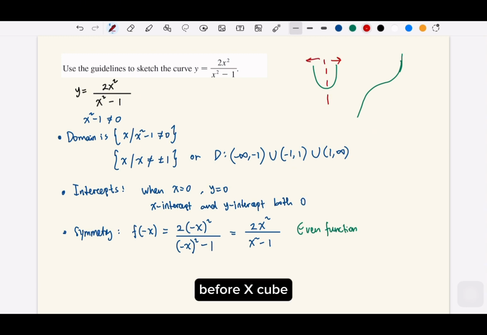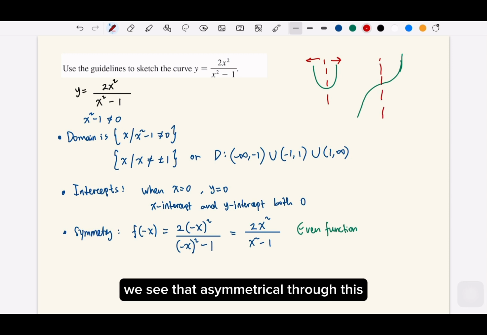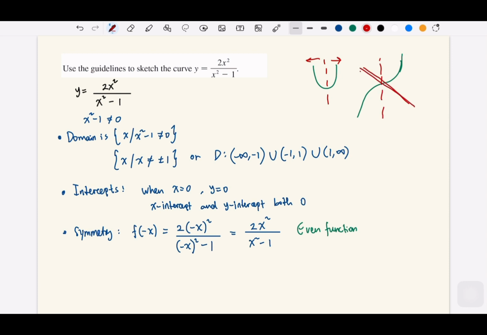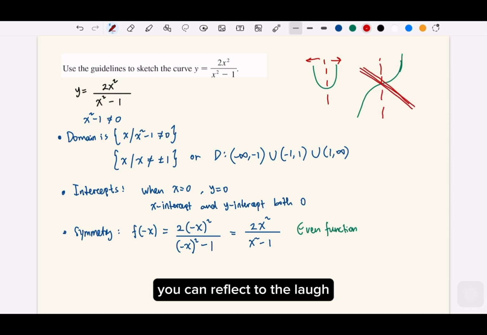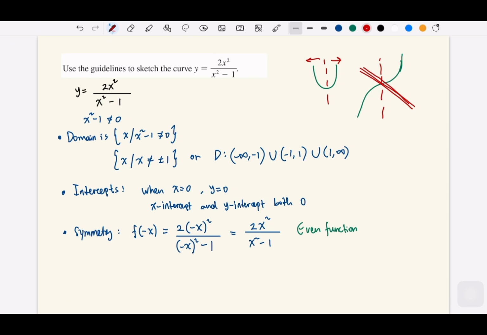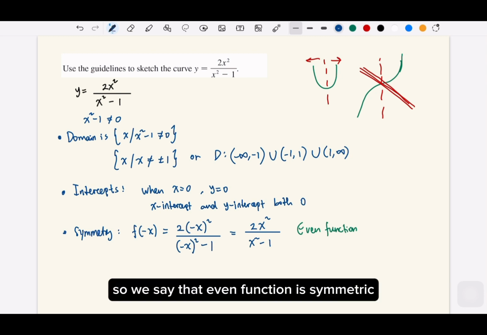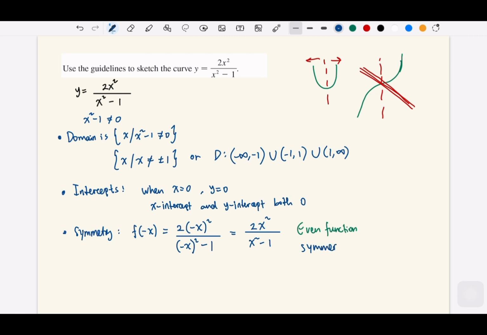But for x cubed, we see that it's symmetrical through this point. You can reflect to the left and then reflect downwards, right? So we say that an even function is symmetric about the y-axis.